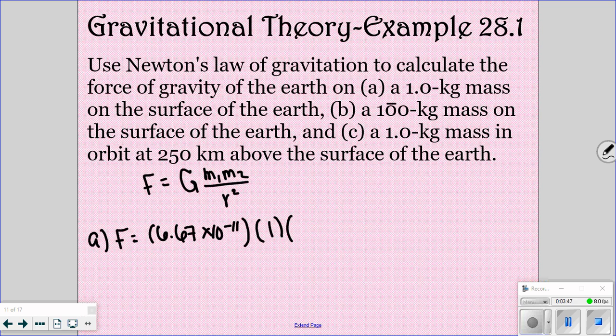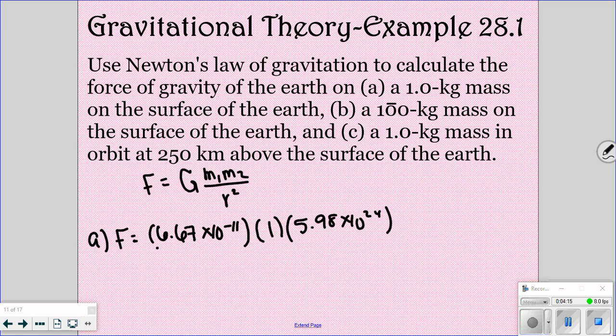So turn to the back, go all the way to the back and then flip forward 1, and it says planetary data. And so the mass of the Earth, it says is 0.0598 times 10 to the 26. I want it in scientific notation, so I'm going to move it 2 places. So 5.98 times 10 to the 24th.